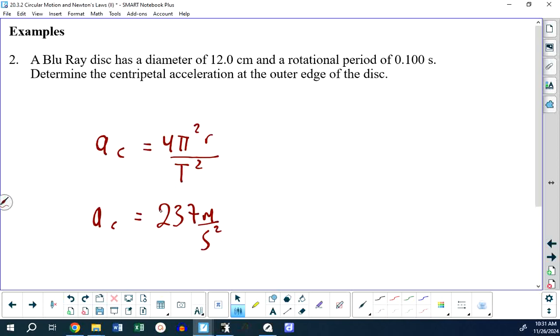So again, this is what I talked about at the beginning. We understand what meters per second squared means when you speed up or slow down. It means meters per second per second. If it's centripetal, where the acceleration is perpendicular to the motion, what it means is a comparison between that number and 9.81 to wrap your head around. Would you agree this is approximately 24 to 25 Gs? It's quite a big acceleration.